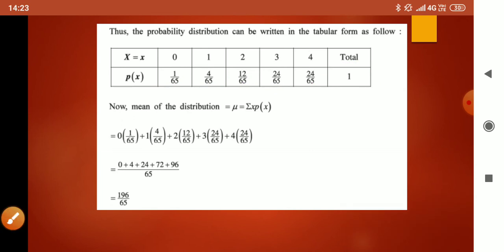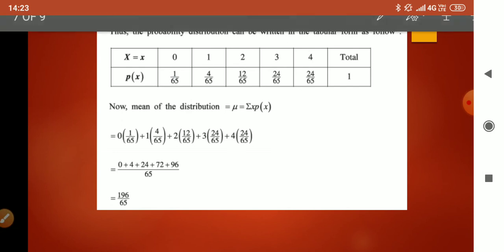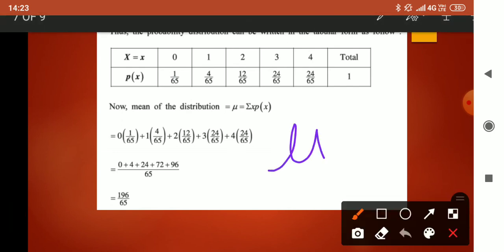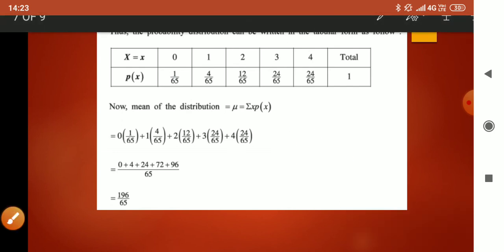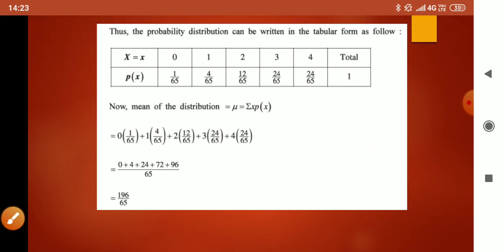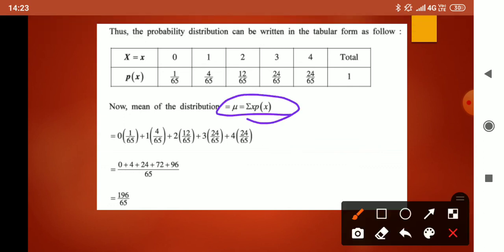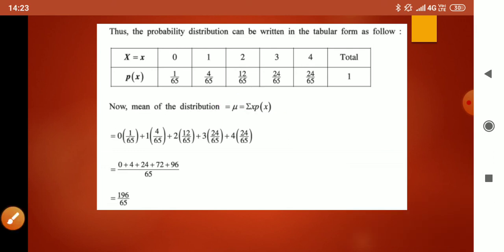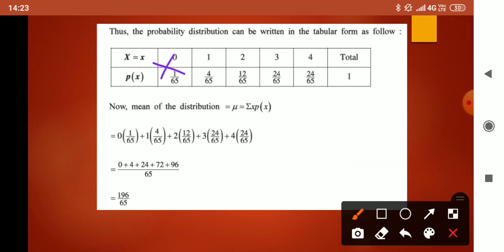Now what is the formula? You have to learn the formula of mean, mu. The formula to find the mean is sigma x into Px. So you have to multiply these both: 1 into this, 2 into this, 3 into 24 by 65, 4 into 24 by 65.